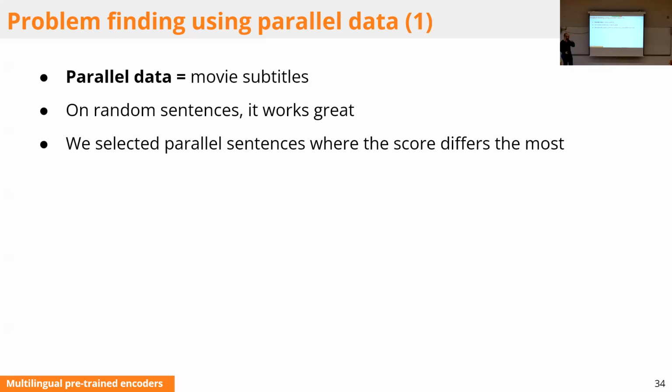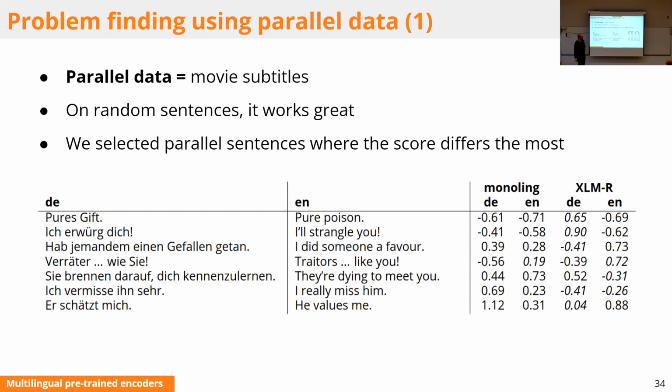And with better data filtering, we were able to get some examples of parallel data where the sentences differ the most, or the estimated moral sentiment differs the most. And here you can see most of the cases in German are some stupid lexical translation.